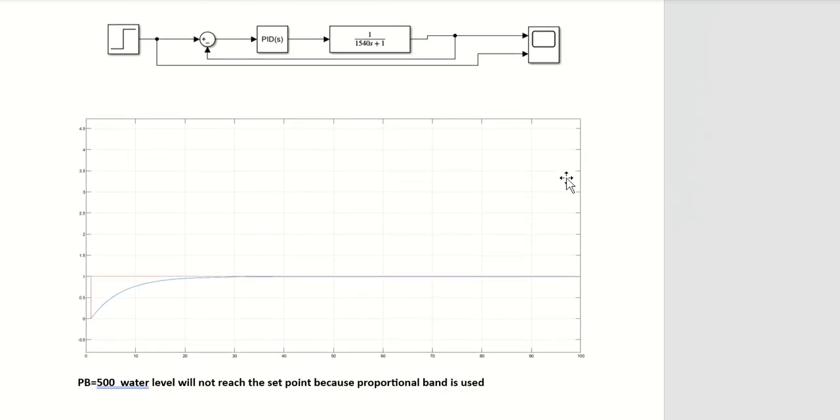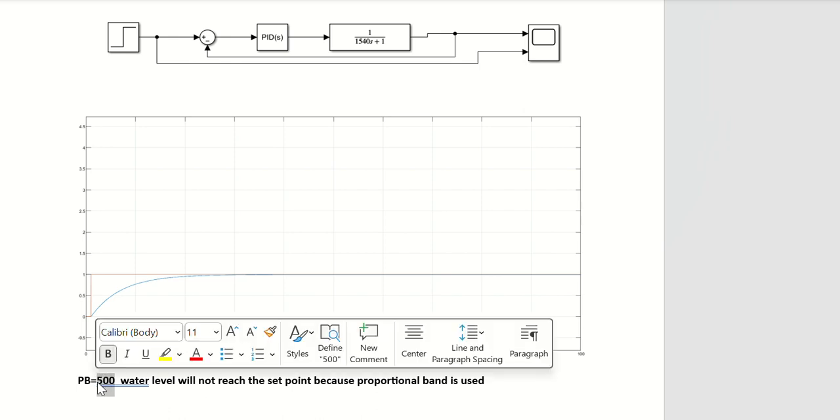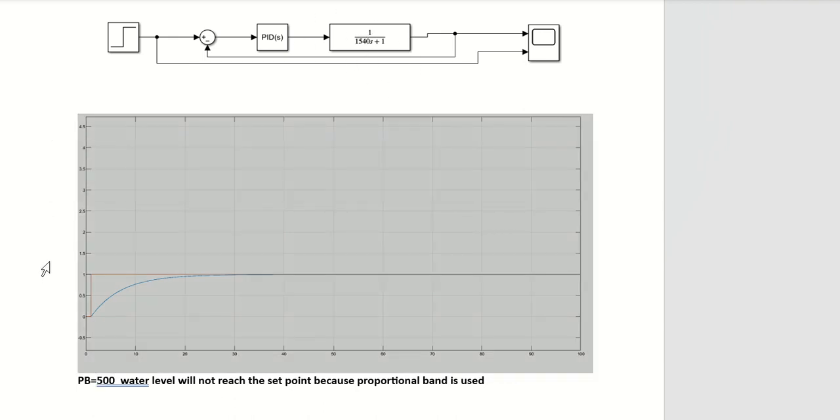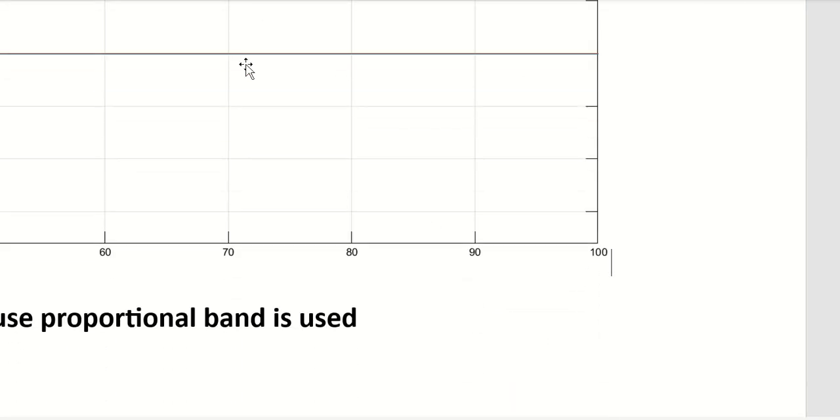To start tuning the controller, we set a proportional band at 500 and saw how the controller would react with our plant, which is this one here. As we can observe, because we are only using a proportional band, it will never reach our set point, because the error is multiplied by the gain of the controller.